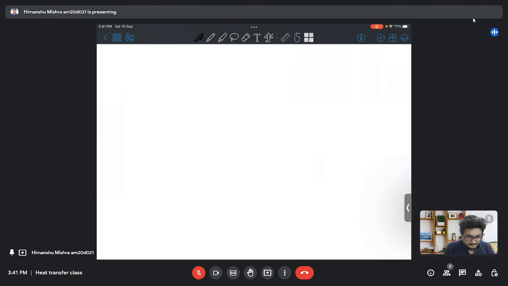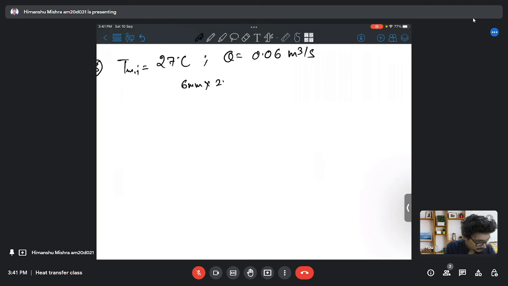So we are given an IC circuit, and the inlet temperature is given as 27 degrees Celsius, and the volumetric flow rate is 0.06 meter cubed per second. The size of each passage is given as 6 by 25.